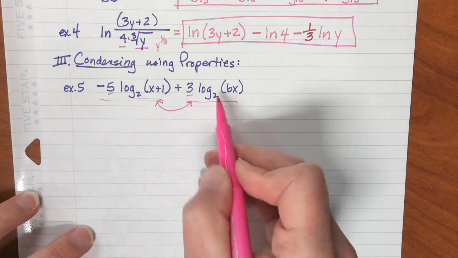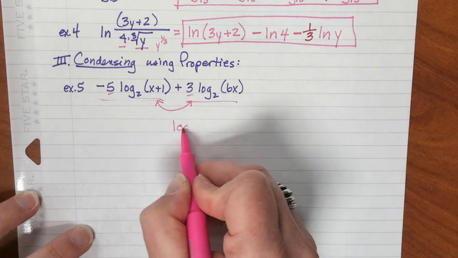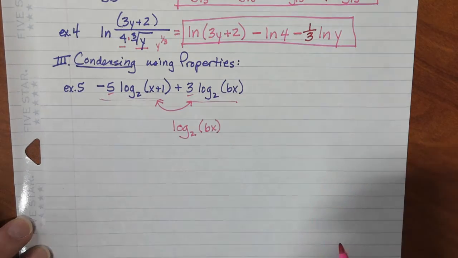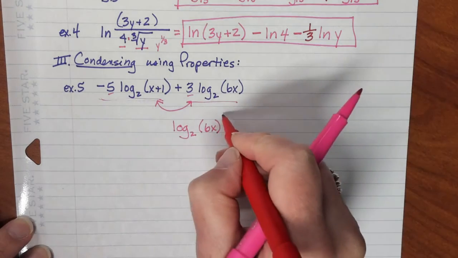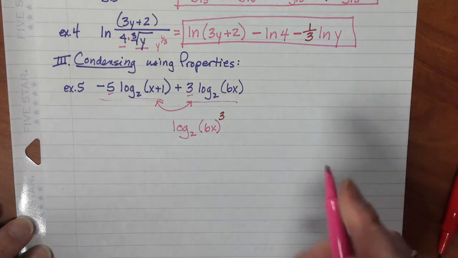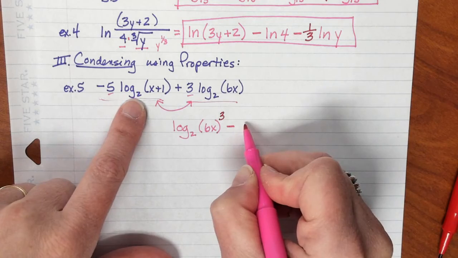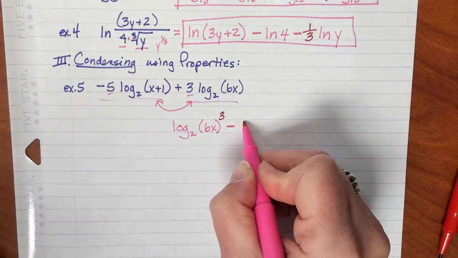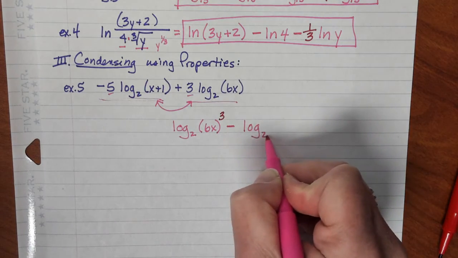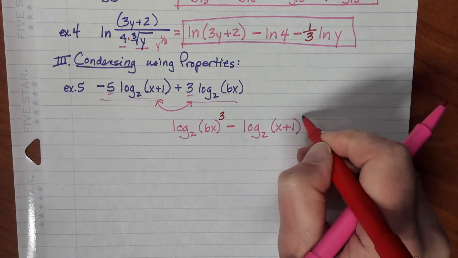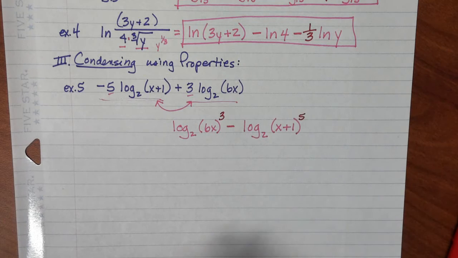First, I'm going to rewrite this as log base 2 of 6x, and I'm going to bring that 3 up top. Then I'm going to subtract this term, but I'm going to bring that 5 up top. So I have the log base 2 of the x plus 1 to the 5th. So I did a couple things.